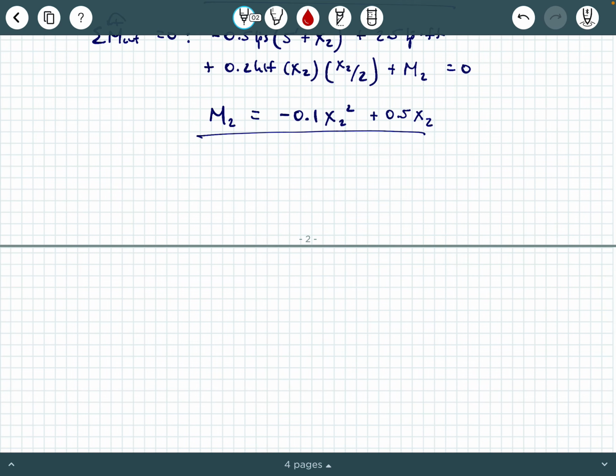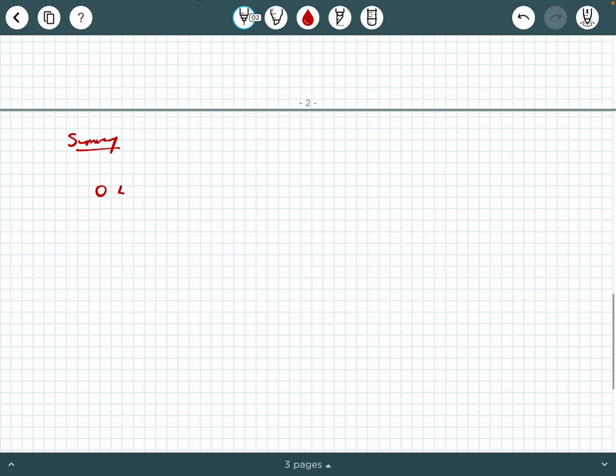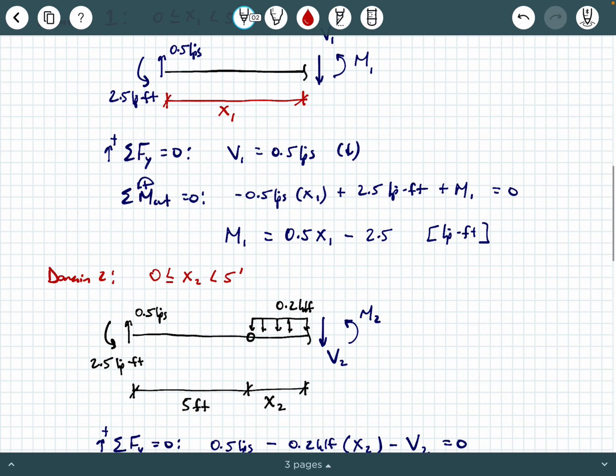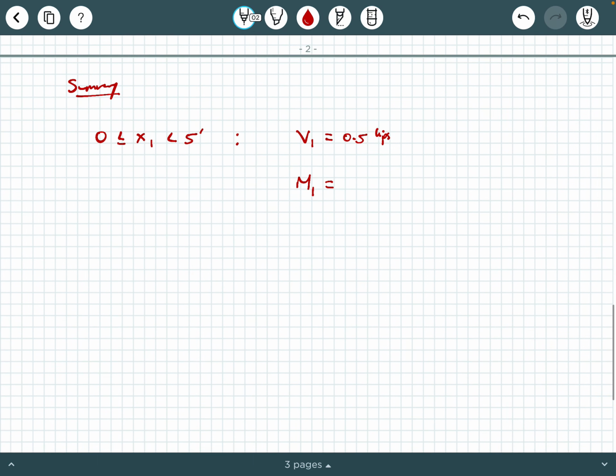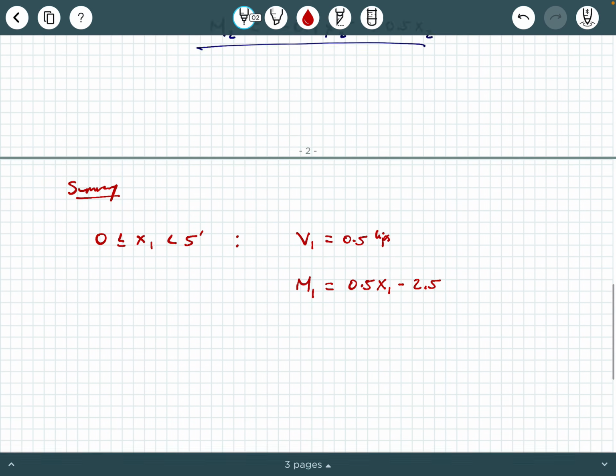So we can write a summary here just to summarize our results. On the domain from 0, x1, up to 5 feet, we had V1 equals 0.5 kips, and we had M1 equals, let's scroll back up and double check, 0.5 x1 minus 2.5.